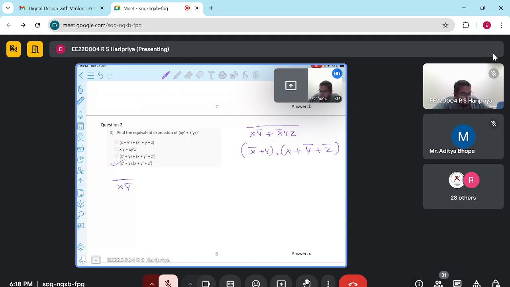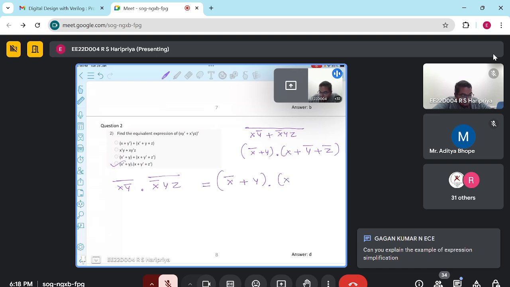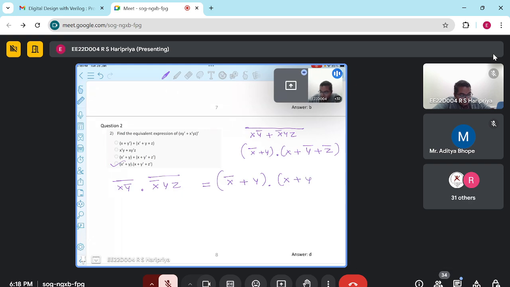When we want to break this complement, we will change this sign and here one complement. So now again x complement, change the sign, y complement's complement. Again this is AND operation. So x complement plus again y plus z.